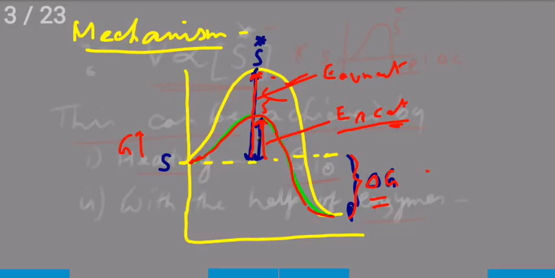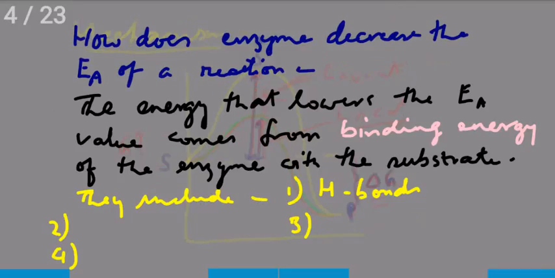But how does an enzyme decrease this EA level? How does an enzyme decrease the EA of a reaction? The enzyme lowers the EA value; it takes the binding energy to lower the EA value. Binding energy, what is that energy? This energy is basically the interaction energy between the enzyme and the substrate.